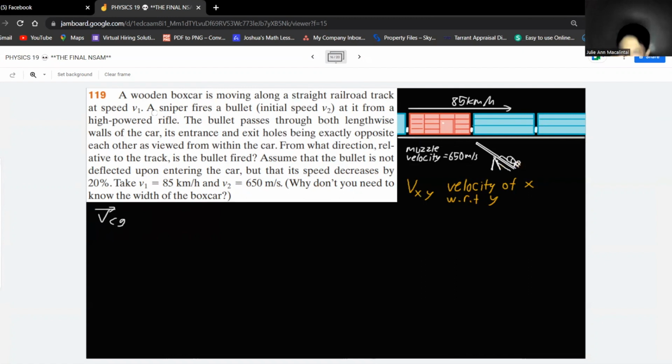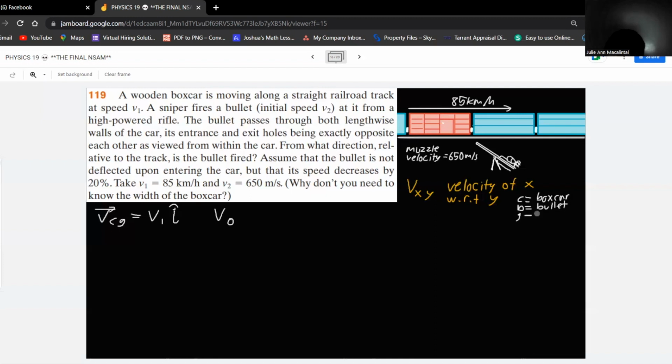Tapos, using yung mga cosine sine, you can get yung... okay.